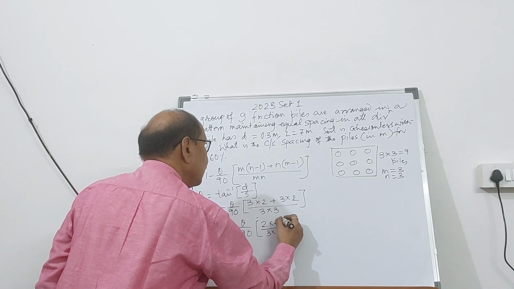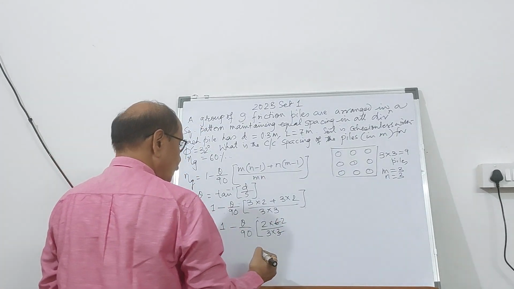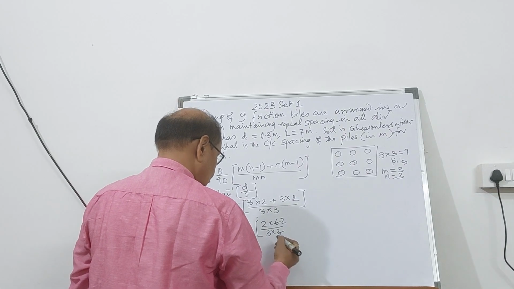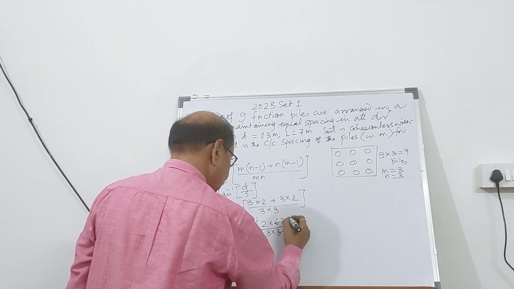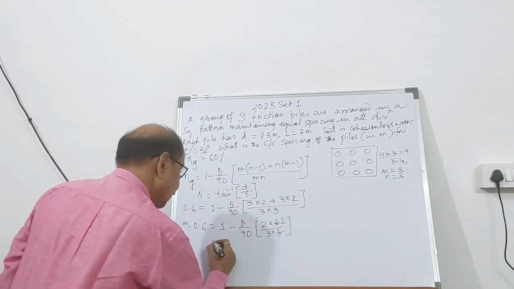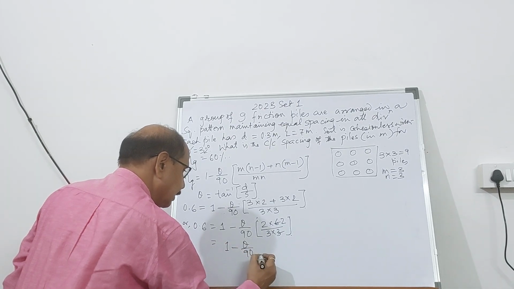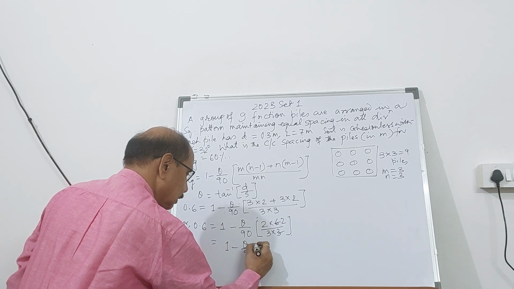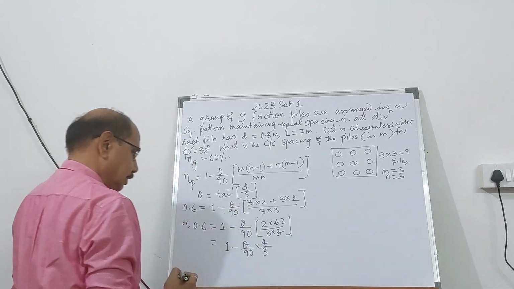So 3 twos are 6, and this becomes 4 by 3. So this becomes 1 minus theta by 90 into 4 by 3.